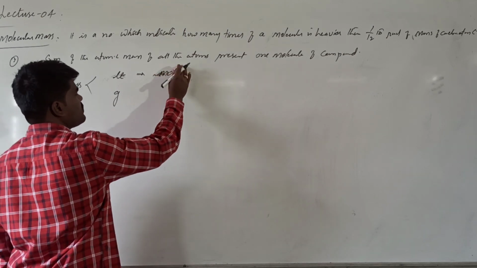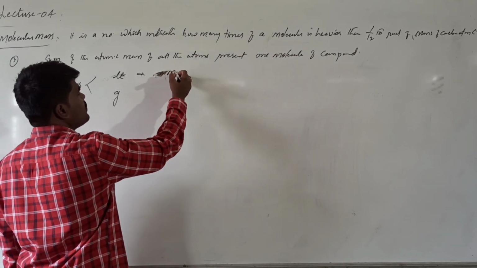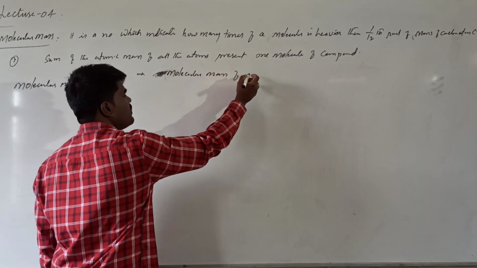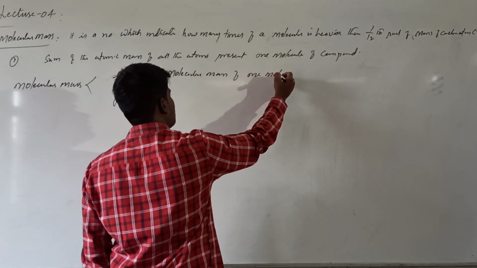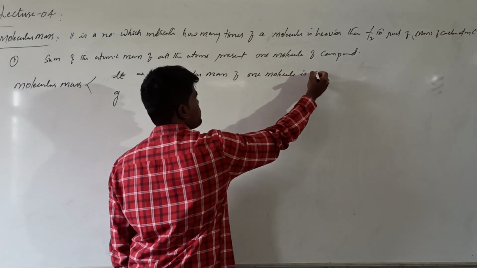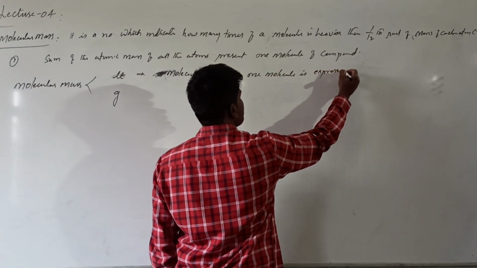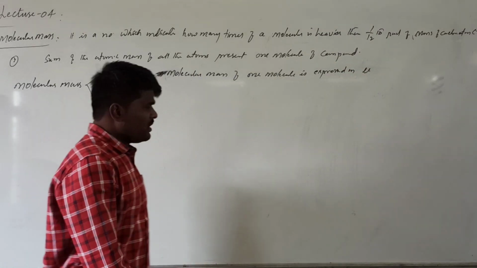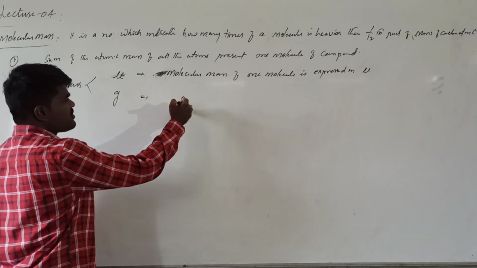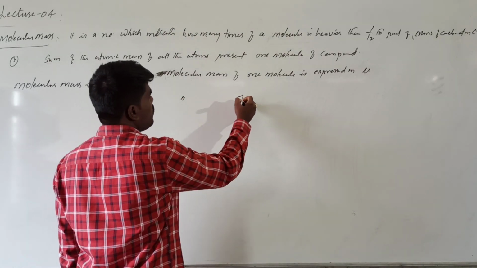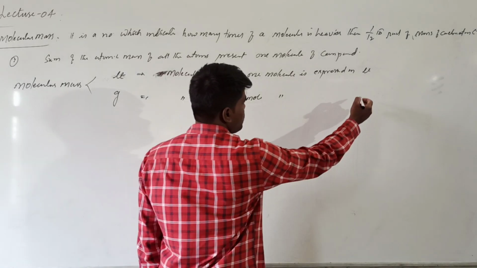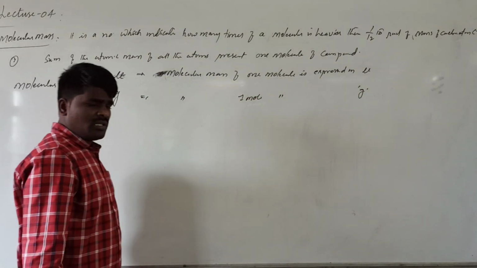Generally, the molecular mass of one molecule is expressed in unified units, whereas the molecular mass of one mole of molecules is expressed in grams. Right?